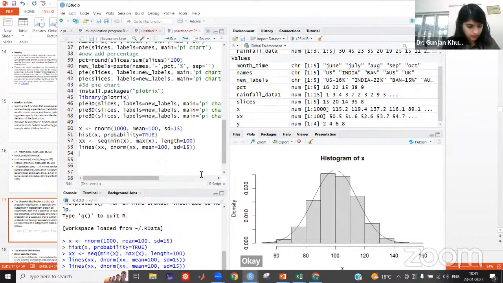Okay, nice. x is fine. Then xx is a sequence of min x, max x, length equal to 100. Fine. Then lines xx, dnorm xx, mean equal to 100, sd equal to 15. Then it's not coming. It should come.